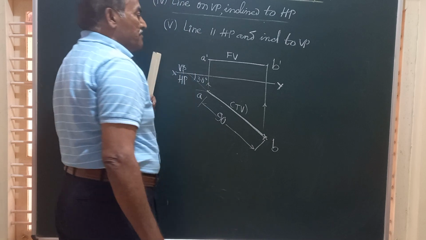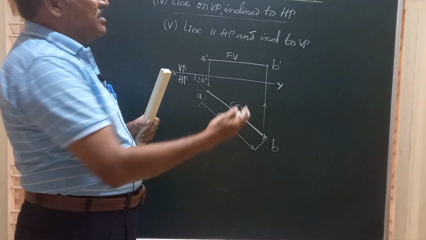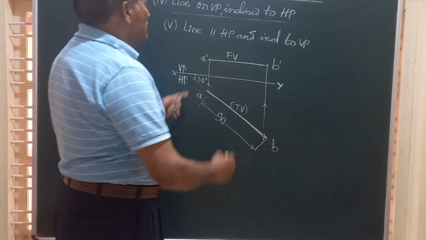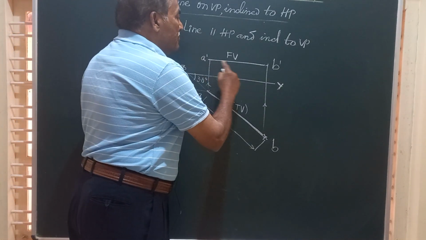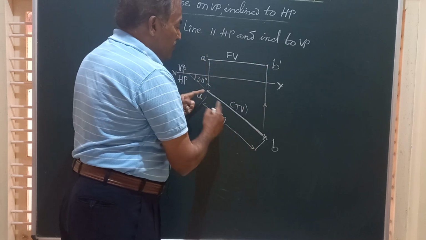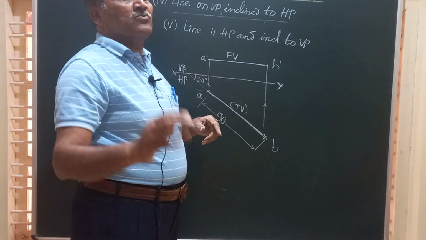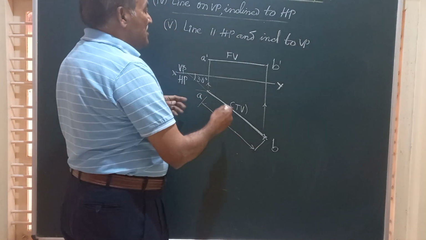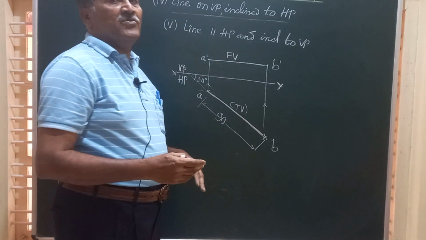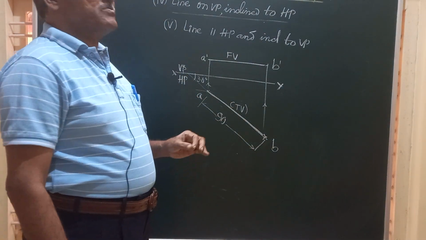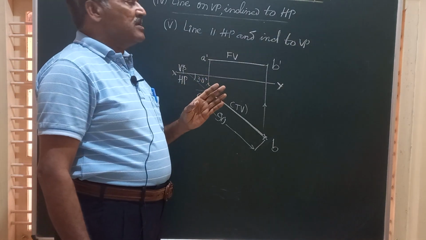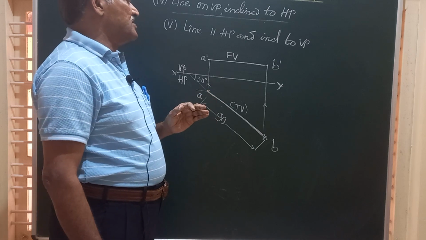Friends, you can have a very important inference from this problem, that is whenever the line is parallel to HP, the corresponding top view will give the true length. And vice versa, suppose the line is parallel to VP, the corresponding front view will give the true length, because this is a very important concept and this we are going to apply in the actual problems on the lines.